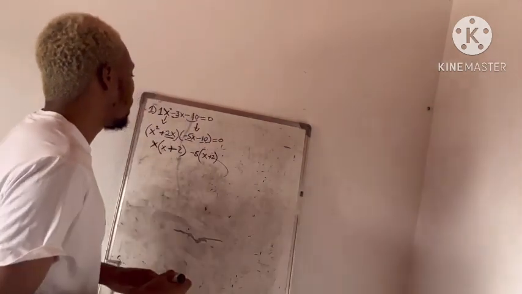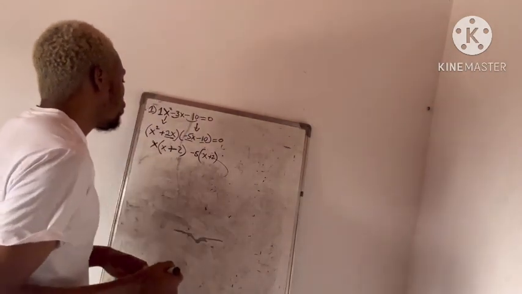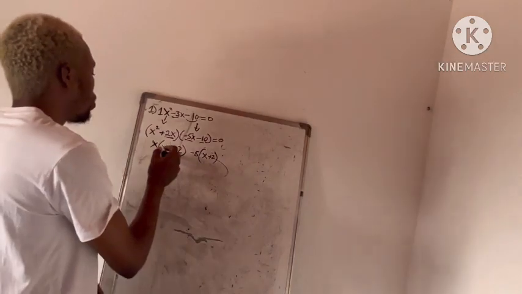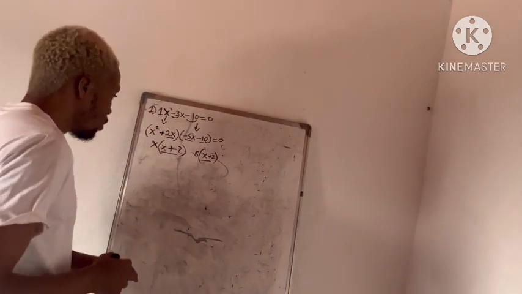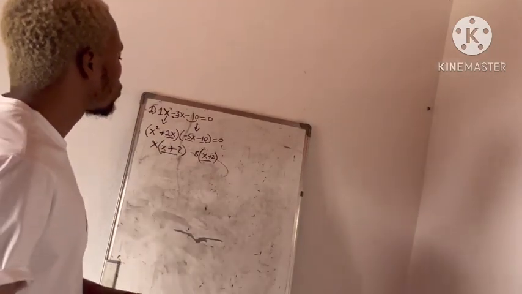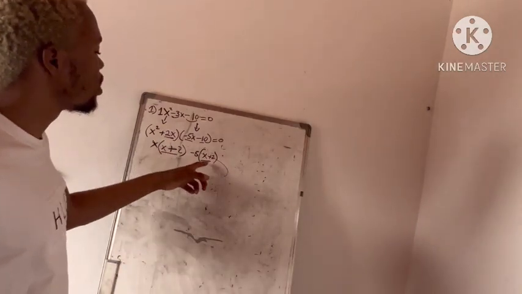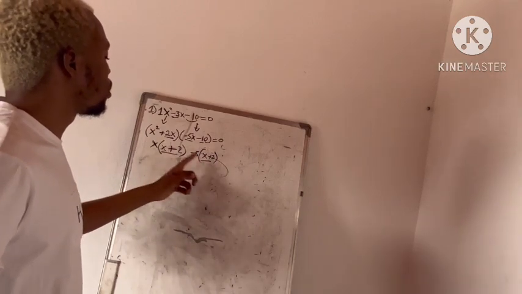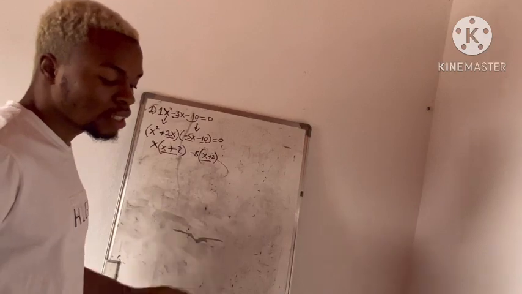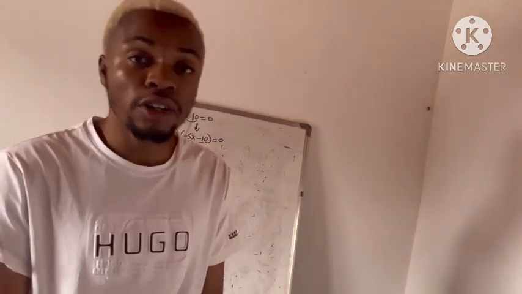Looking at that, when you are done factorizing, you have x plus 2 and x plus 2. This x plus 2 has to be the same as what you have here. If these two are not the same, then there is an issue with what you have done, because it's not correct.